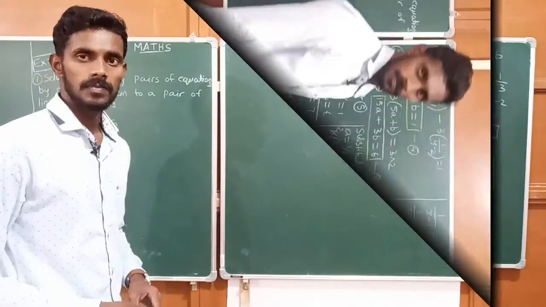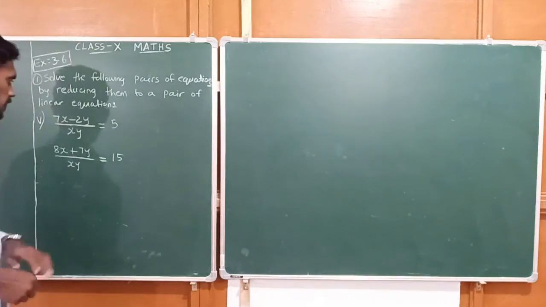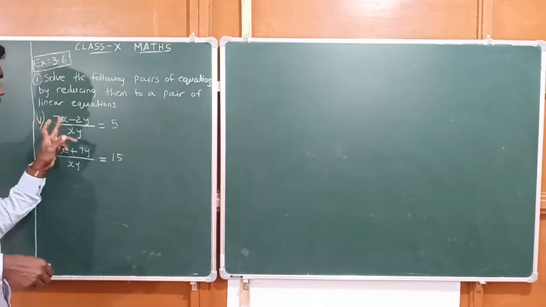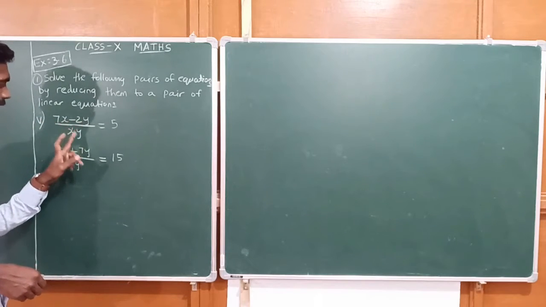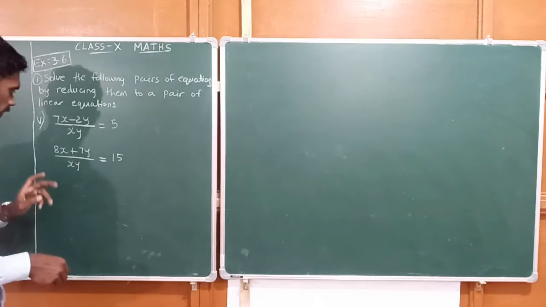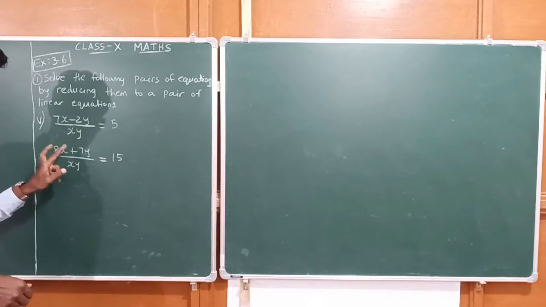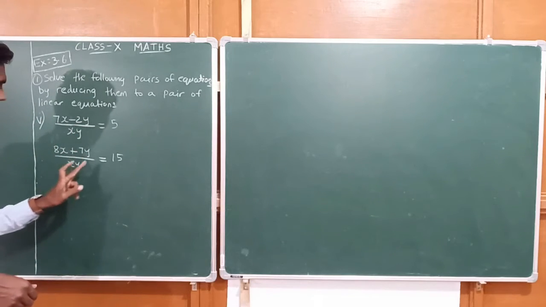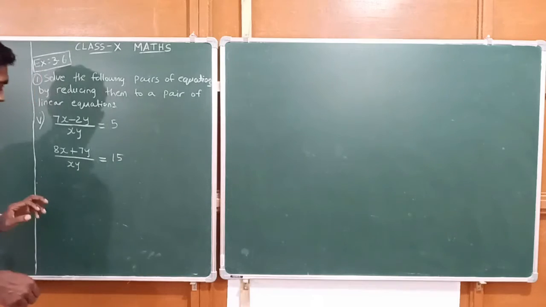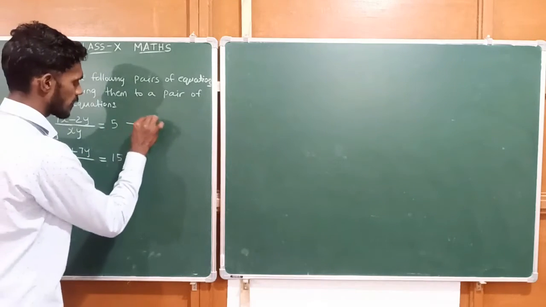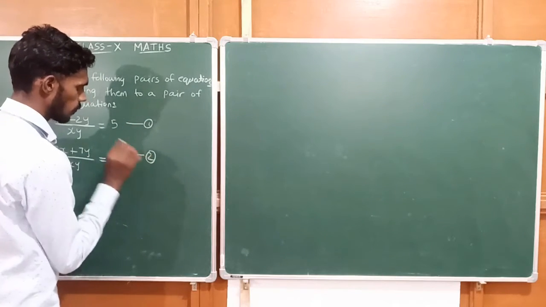Clear? Next, let us see the fifth subdivision. It is 7x minus 2y divided by xy is equal to 5. Then the second equation, 8x plus 7y divided by xy is equal to 15. Okay, let us name these equations as 1 and 2.